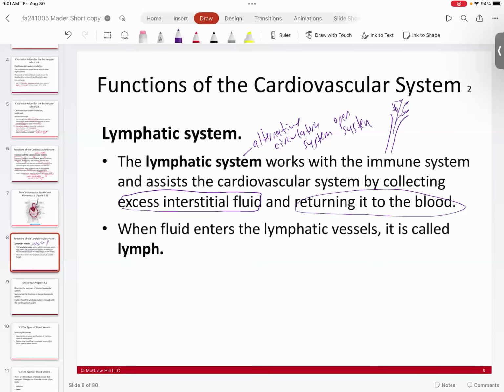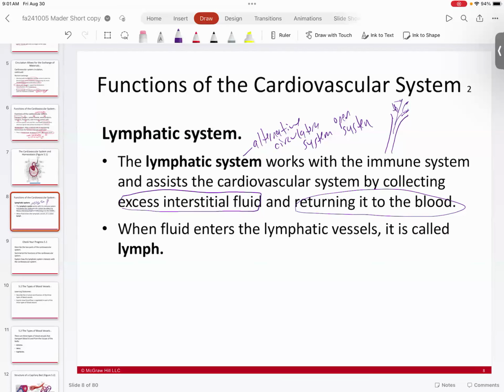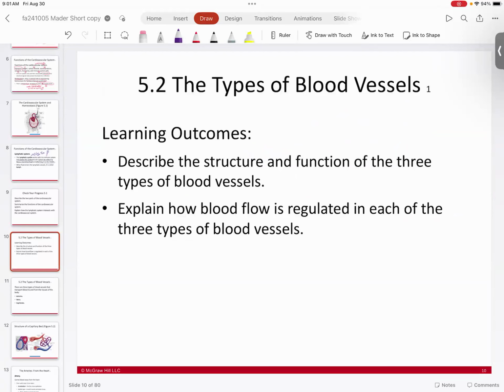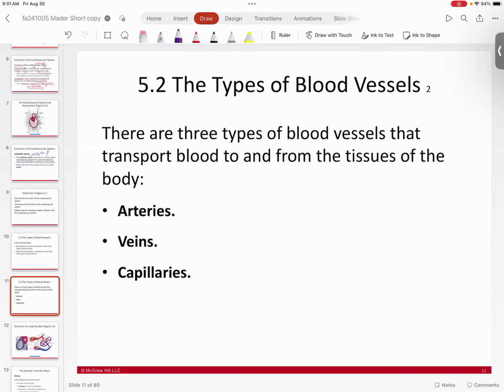The fluid in the lymph vessels typically is this interstitial fluid. That's the fluid around the cells, and when it enters the lymphatic vessels, we call it lymph at that particular point.